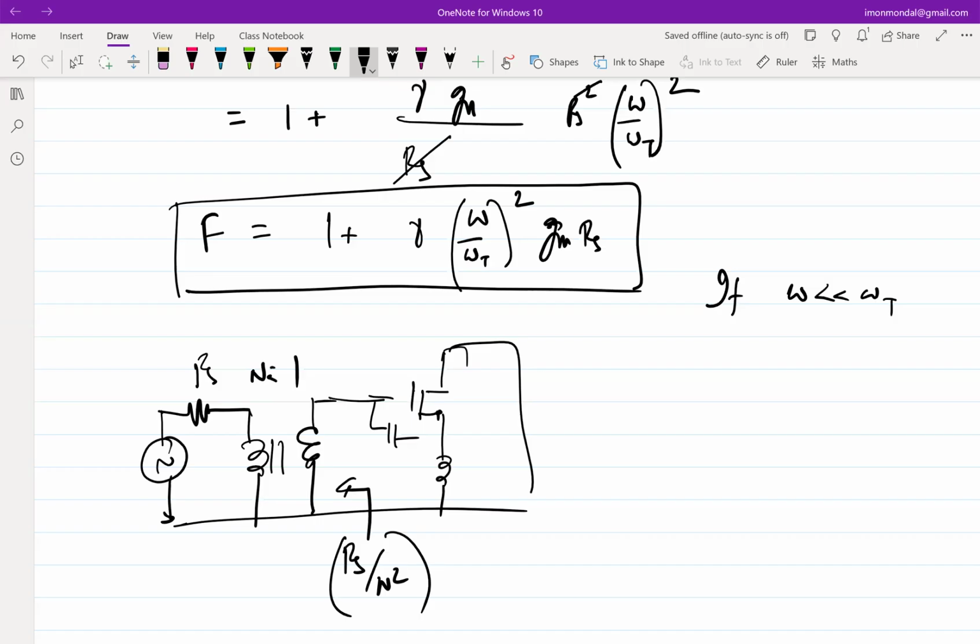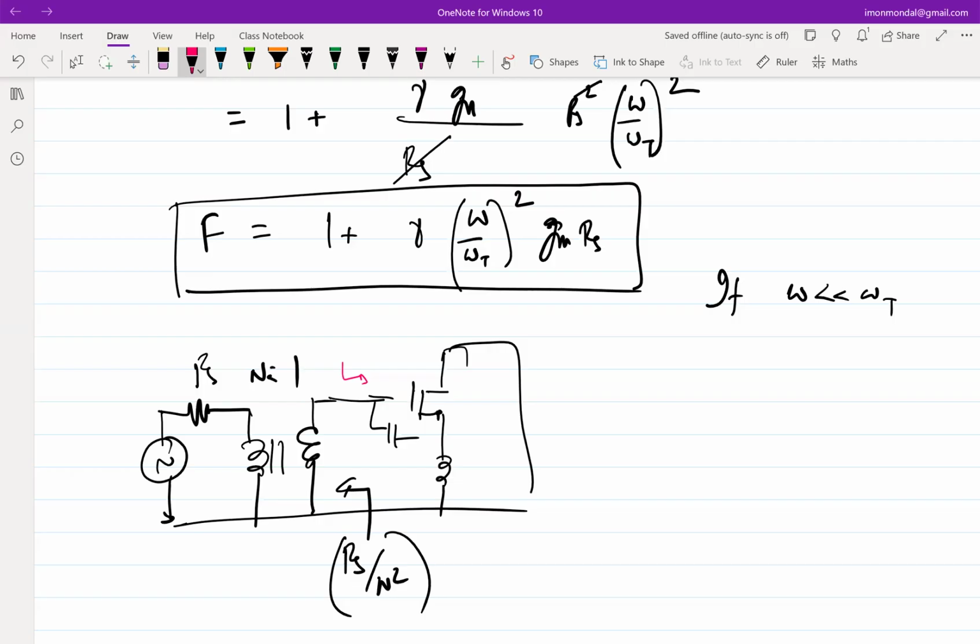Then your noise factor naturally goes down, right? But the thing that you have to note here is that you cannot simply do this and assume the noise factor goes down, because if you simply do this, what will happen to the matching? Because you have designed this input impedance to match to RS. You have not designed this input impedance to match to RS over n squared.